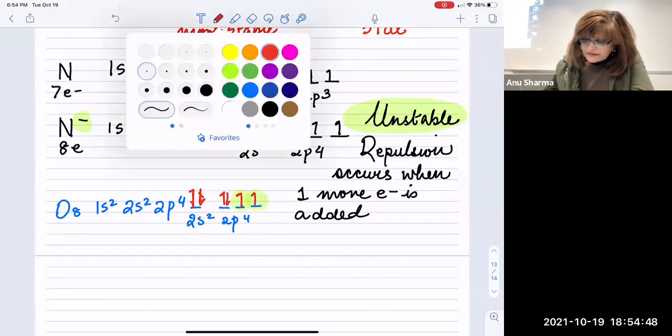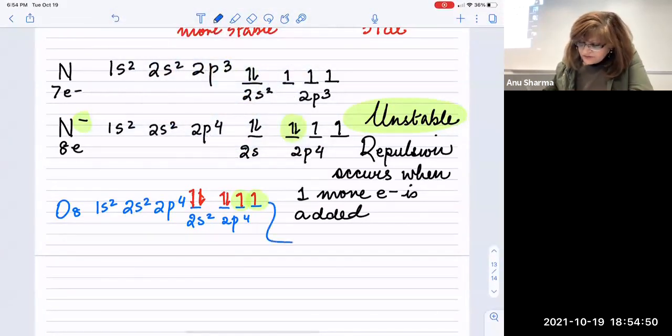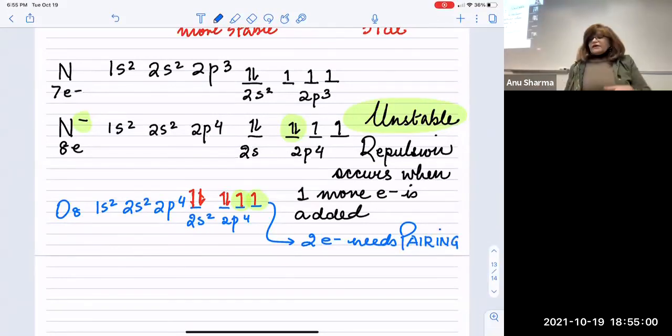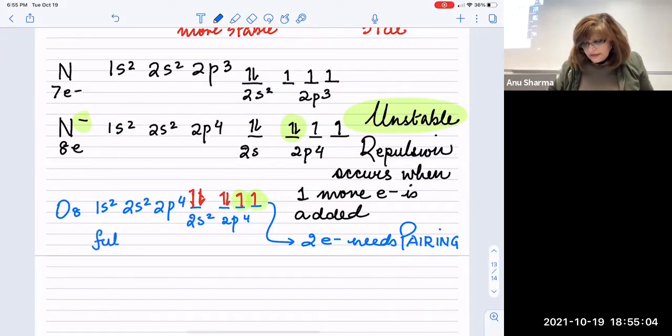This is unstable by itself, but these two electrons need sparing. That is why oxygen quickly absorbs electrons from anywhere to get these two, because then it will have fully filled orbitals, which are more stable. So it would prefer that one more electron comes here.